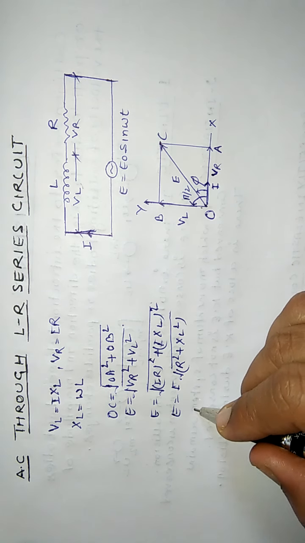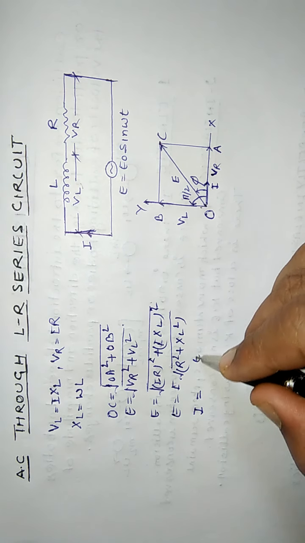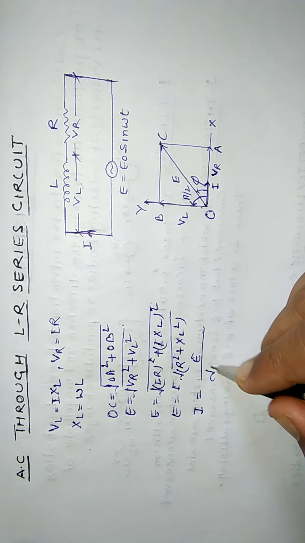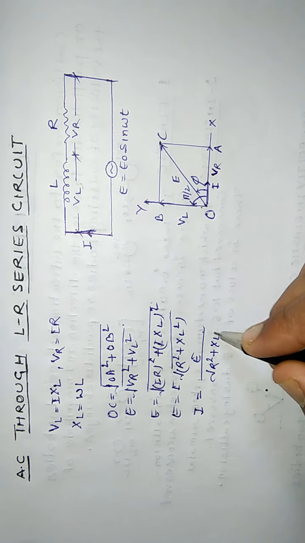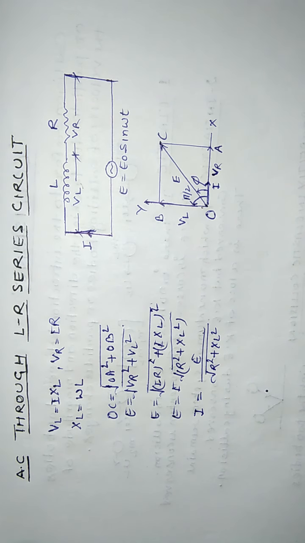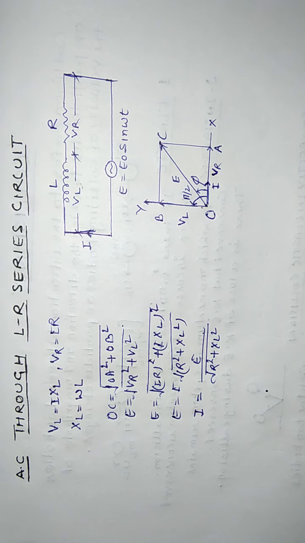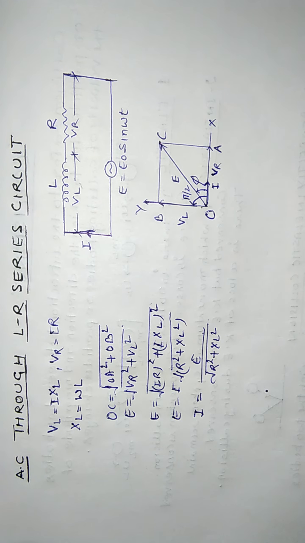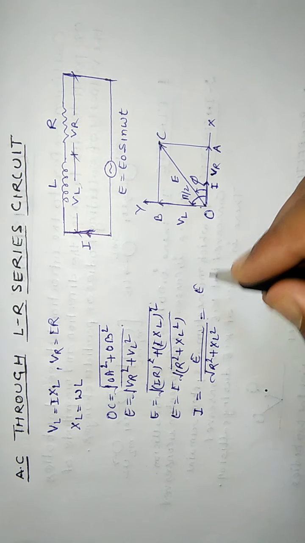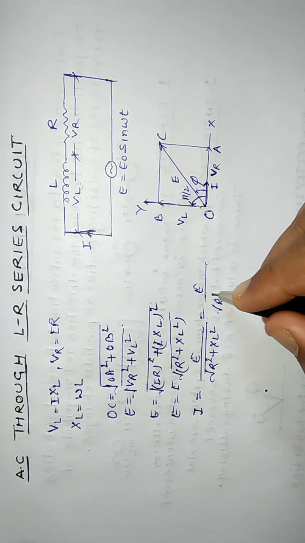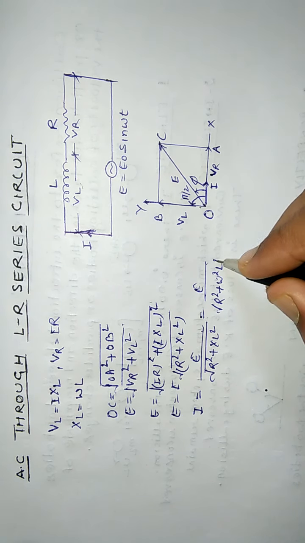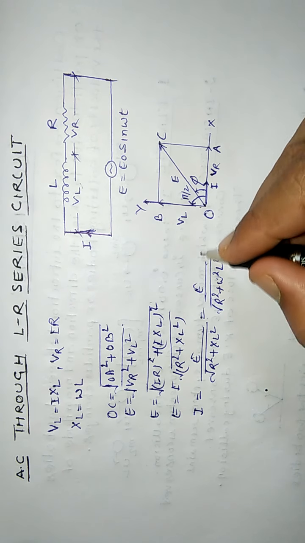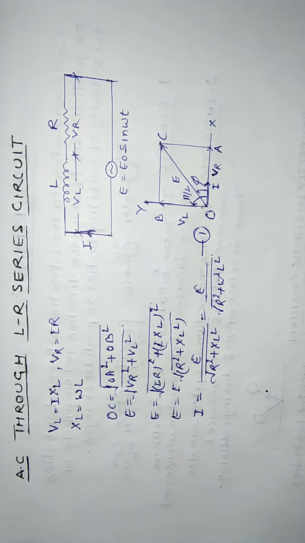From here we can write I as E upon under root R square plus XL square, or E upon under root R square plus omega square L square. It can be written as equation number 1.